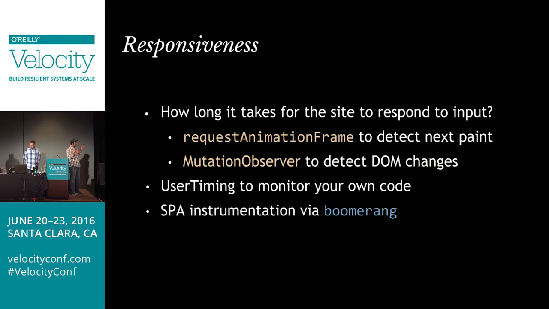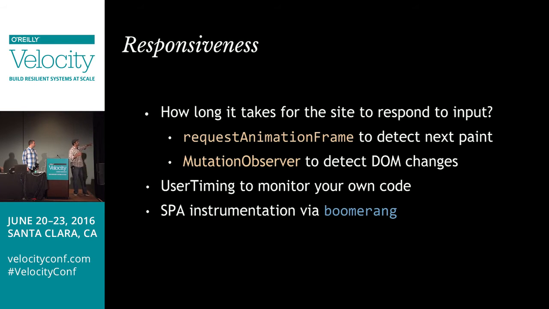Responsiveness, so again, using request animation frame. Nick's already shown how to measure frame rate, but we also know that request animation frame fires when the browser is ready to paint something. So let's say the user clicks on a link or types in some text. We want to know how long the browser took to actually react to that.